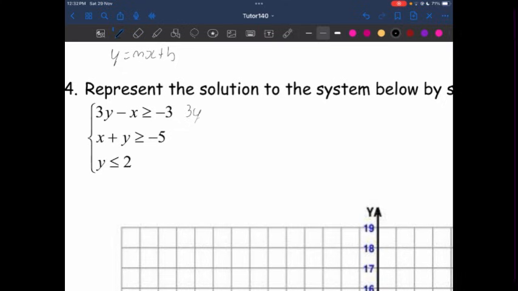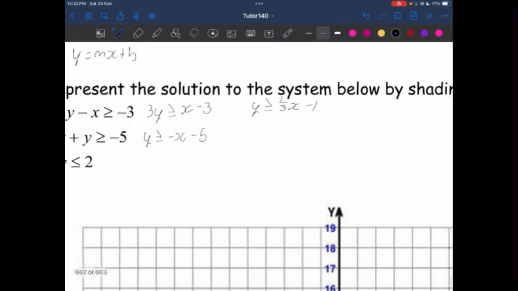That becomes 3y greater than or equal to x minus 3. y is greater than or equal to 1 over 3 x minus 1. That's our first answer. The next one, we just have y greater than or equal to negative x minus 5. The last one is already in there.